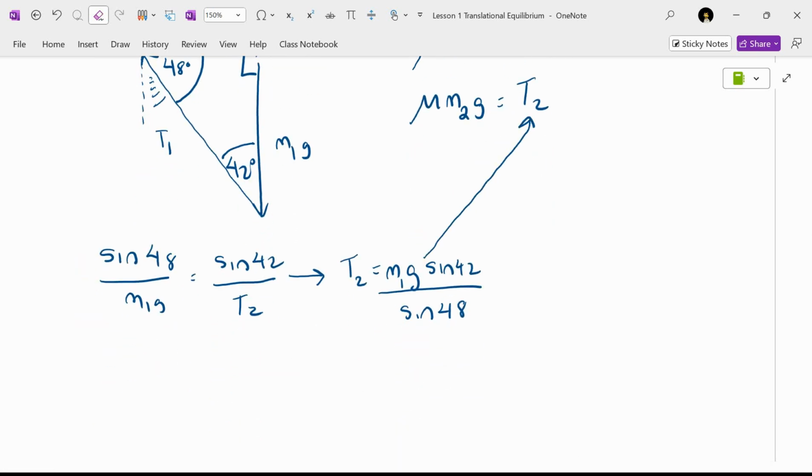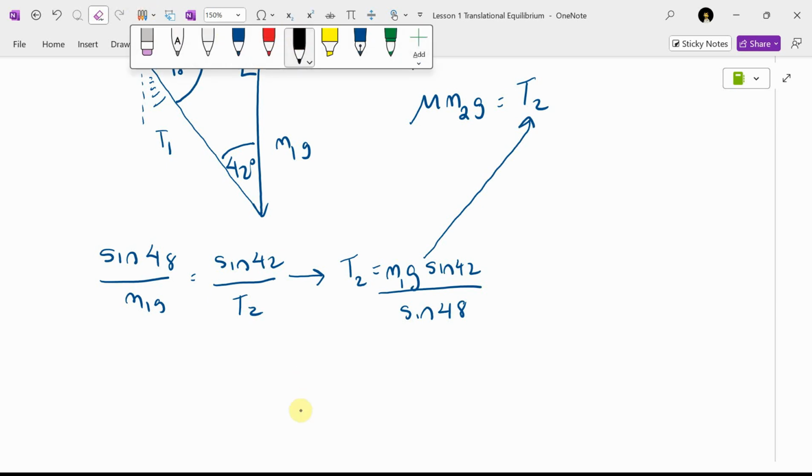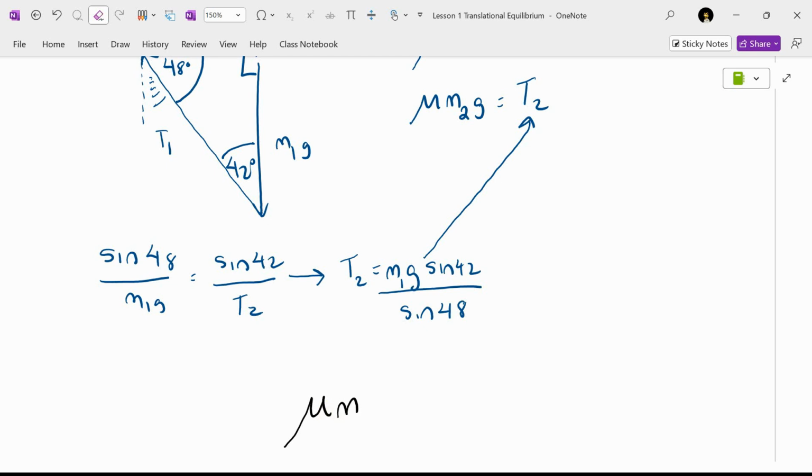And that's going to go there. I get mu m2g equals m1g sine 42, divided by sine 48.